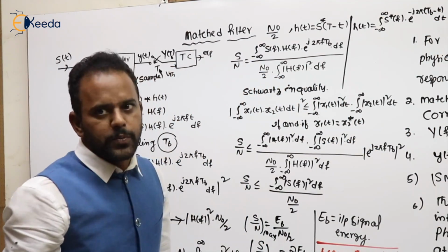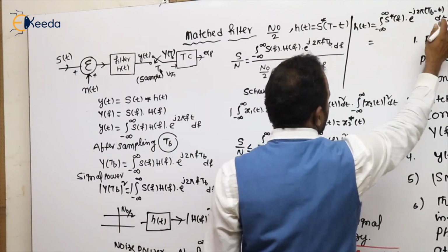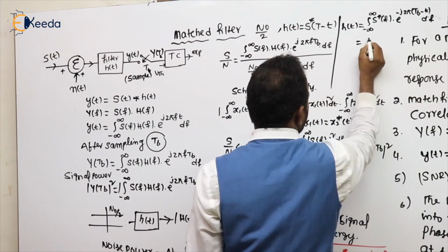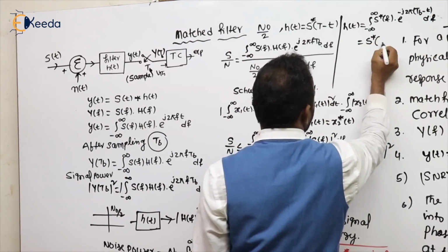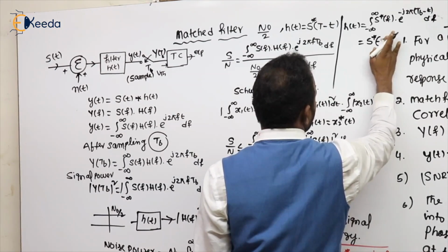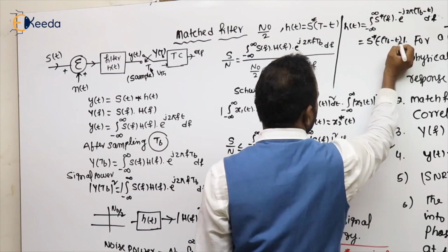If you clearly observe, that is nothing but the inverse Fourier transform of S conjugate, with the minus sign, of Tb minus t.